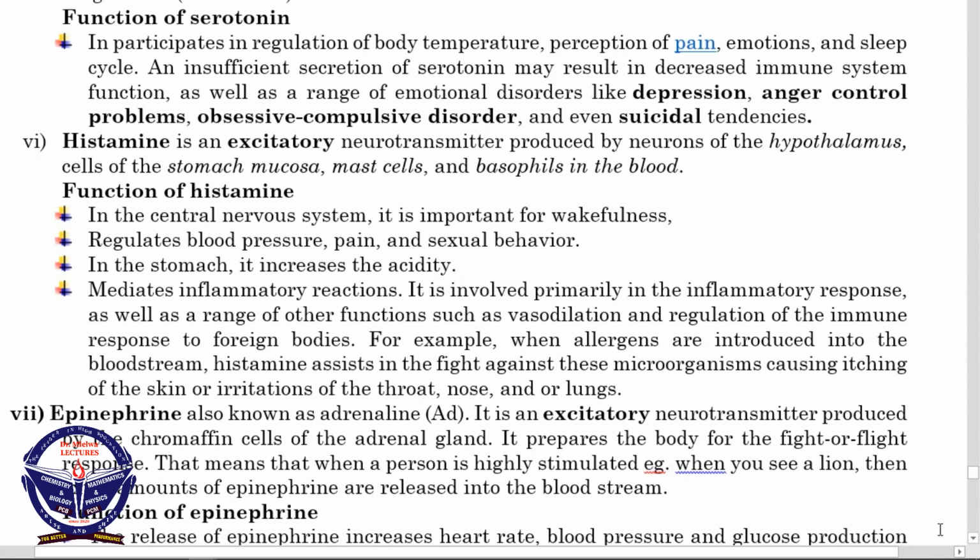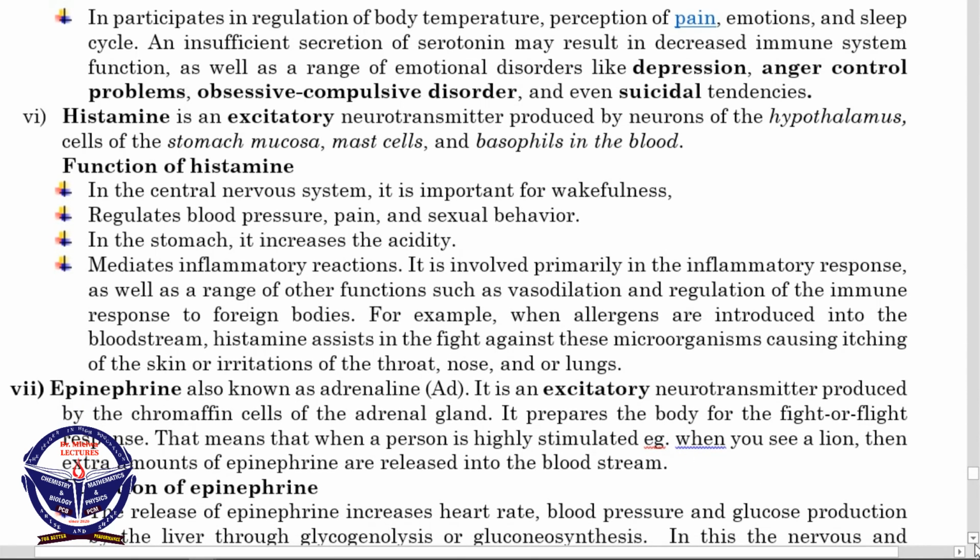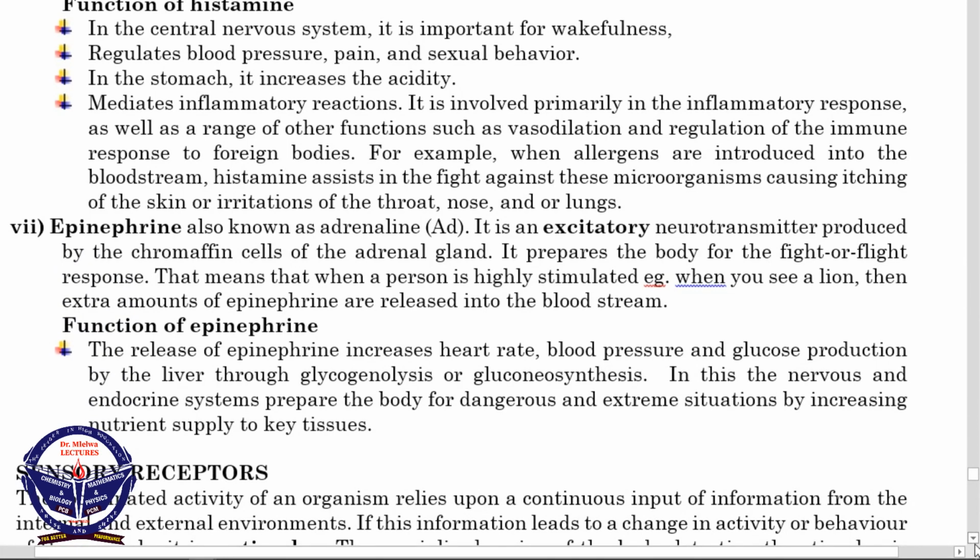Last but not least is epinephrine. Epinephrine, actually its functions are related to norepinephrine. Also known as adrenaline, it is the excitatory neurotransmitter produced by the chromaffin cells of the adrenal gland. It prepares the body for the fight or flight response. So epinephrine is very important for the sympathetic nervous system, lakini function zake zinafanana na nani?